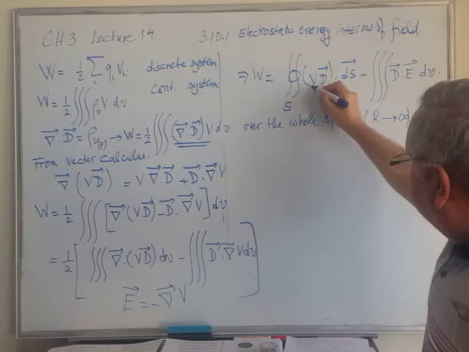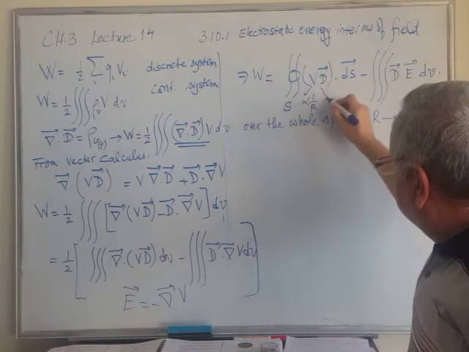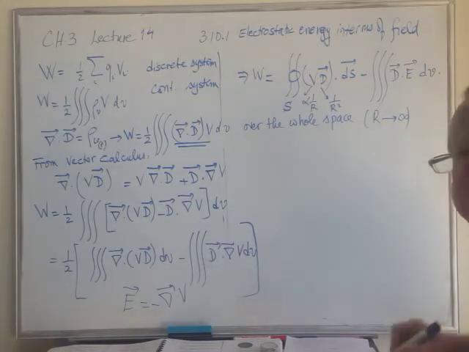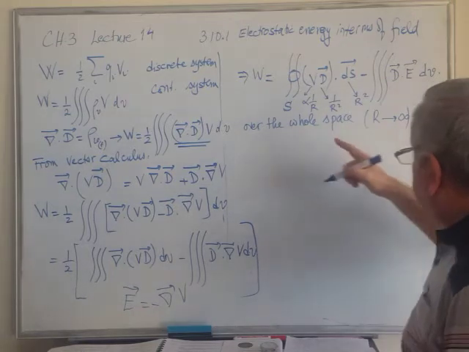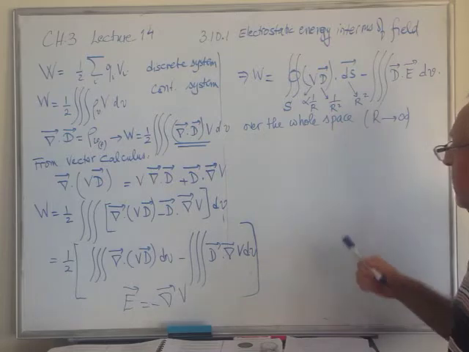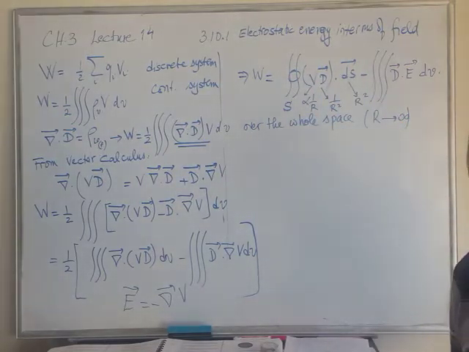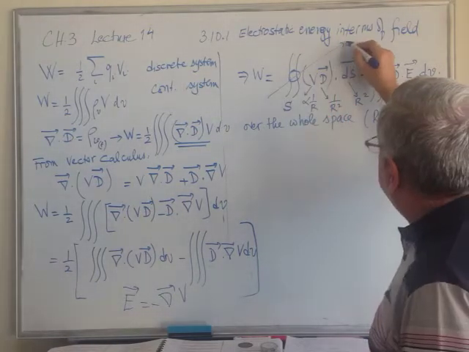We know here that V is inversely proportional to 1 over R. D is inversely proportional to 1 over R squared, like the electric field. S is directly proportional to R squared. So the product will be R squared over R squared times 1 over R. This whole lot is inversely proportional to R. So when we go to infinity, that integral will be 0.